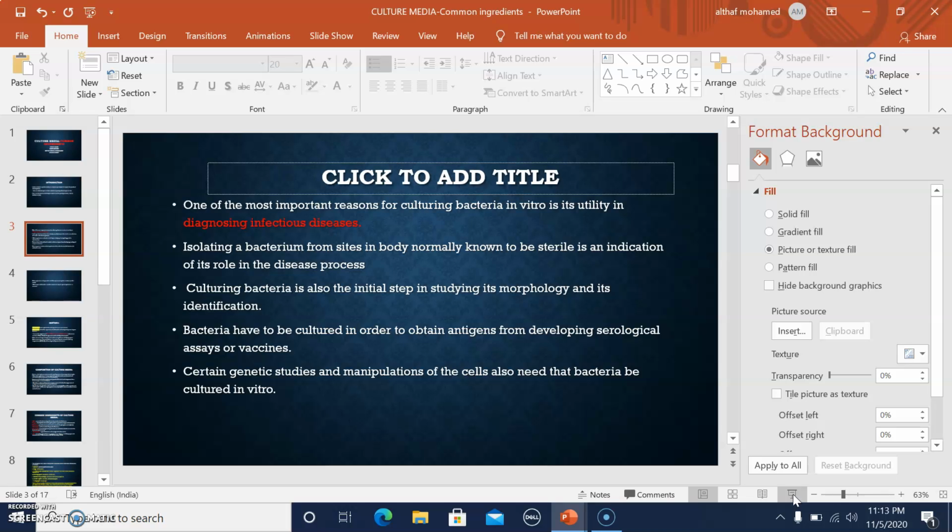So bacteria have to be cultured in order to obtain antigens for developing serological assays or vaccines. Certain genetic studies and manipulations of the cells also need the bacterium to be cultured in vitro.